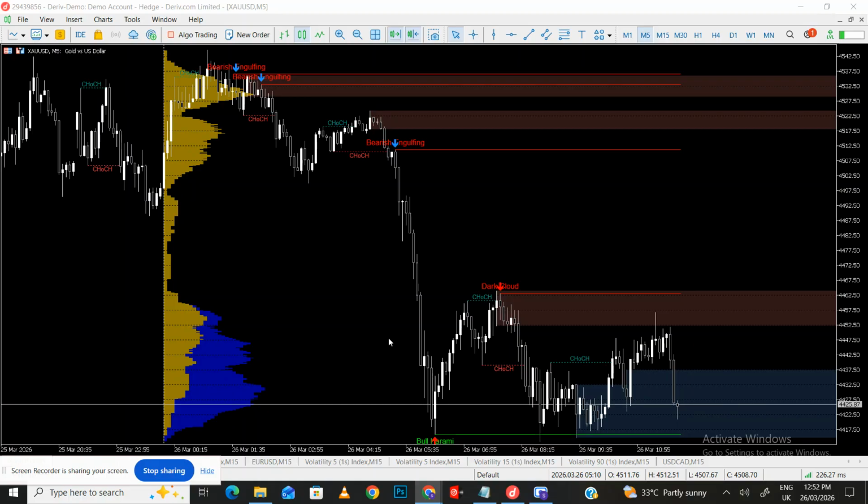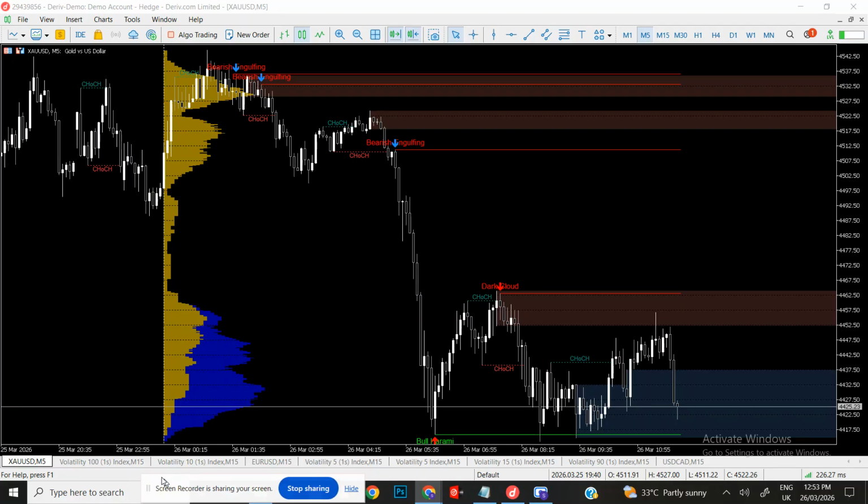This market profile indicator will tell you the probability, which is very high, and its job is to tell you when there is a high probability where price will turn from.